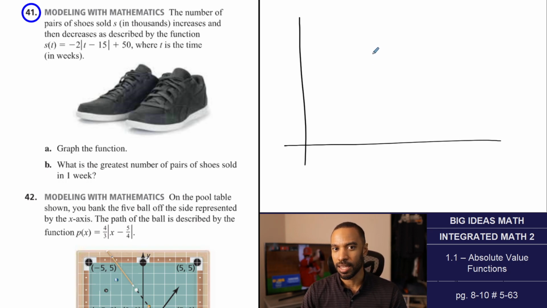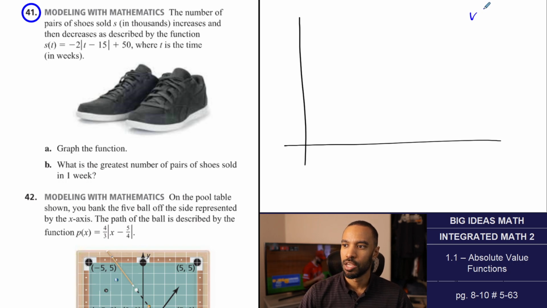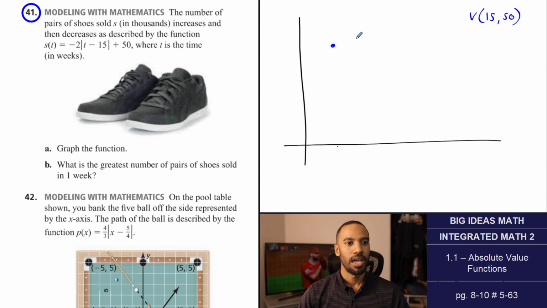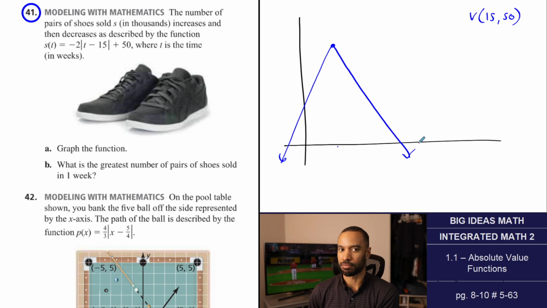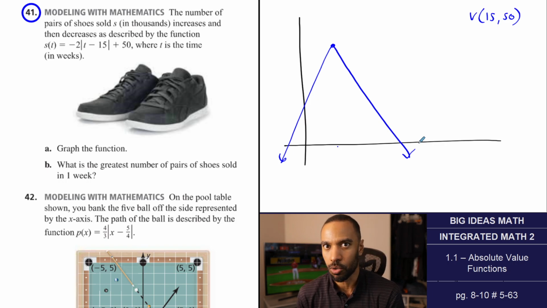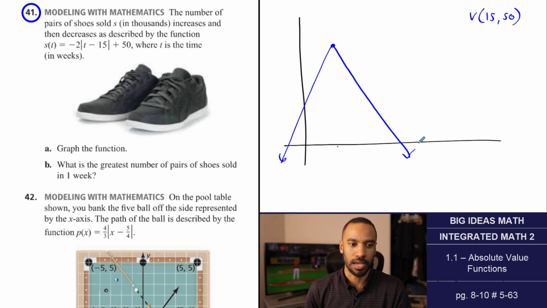The (h, k) is (15, 50). You have a vertex at (15, 50), which means over 15, up 50. It's your vertex. The -2 means down 2 over 1, like that. So the graph goes downward maybe a little more sharply than normal. So that's the look of this graph. Okay, that's me graphing it. I hope that's okay. That's just the idea of it.